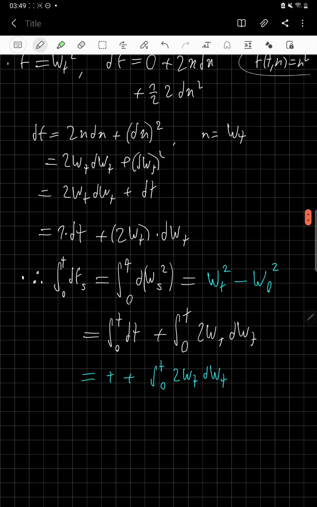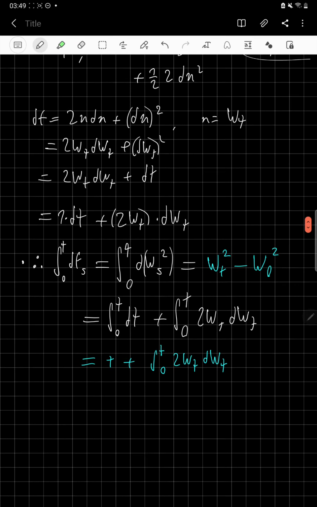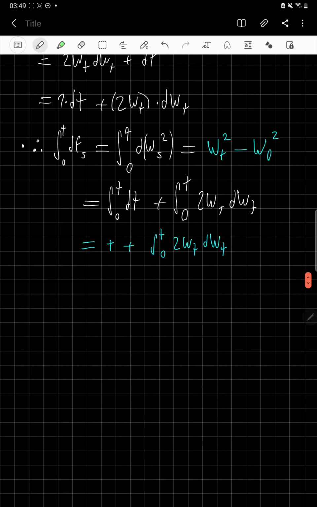And I should definitely stress this. Another way of representing this equation is that dWt squared equals dt.